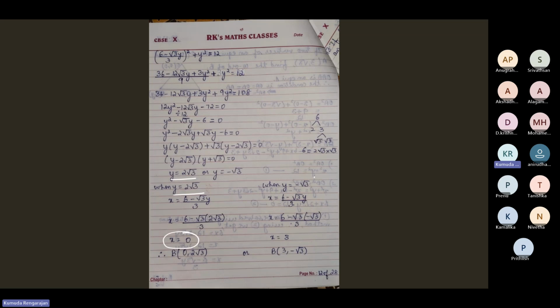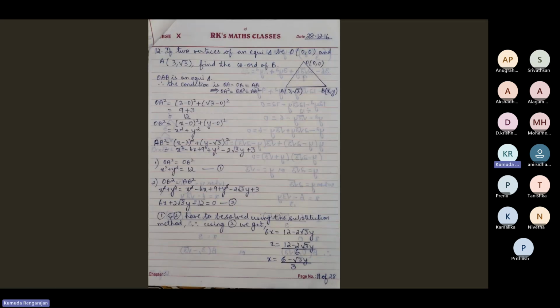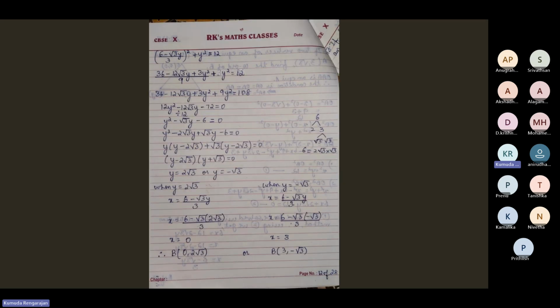And when y is minus root 3, x is equal to 3. The coordinates x comma y are 0 comma 2 root 3 and 3 comma minus root 3. So the third vertex B can be 0 comma 2 root 3 or 3 comma minus root 3.